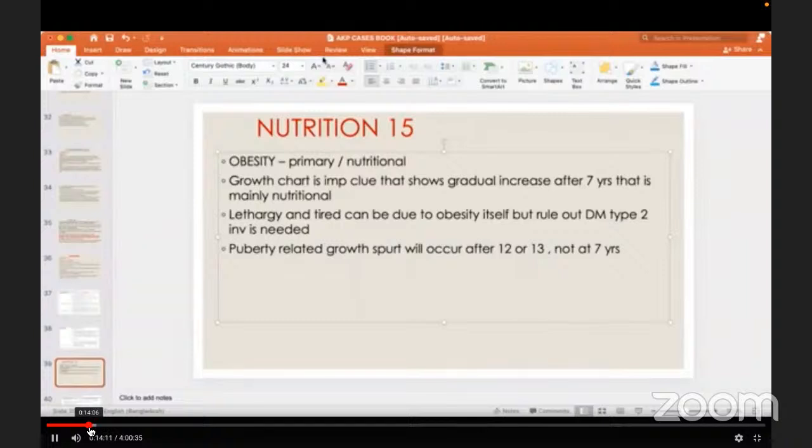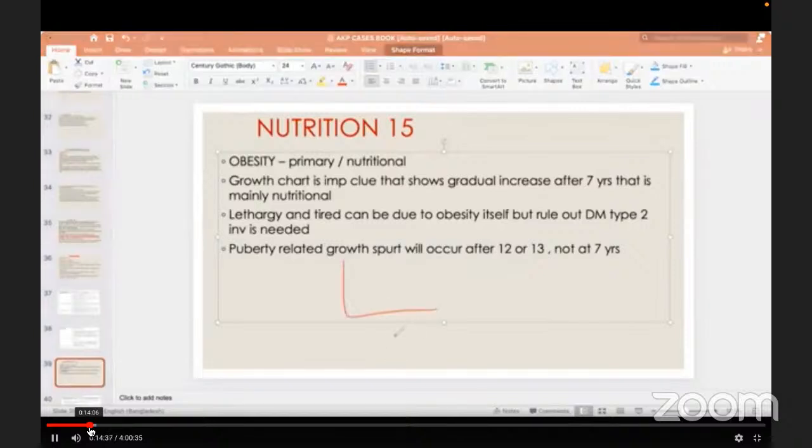So if you look at the growth chart in your book, the child has rapid growth, started from 8 years of age. Can you see the lower one is weight, upper one is height. Suppose this is your book.